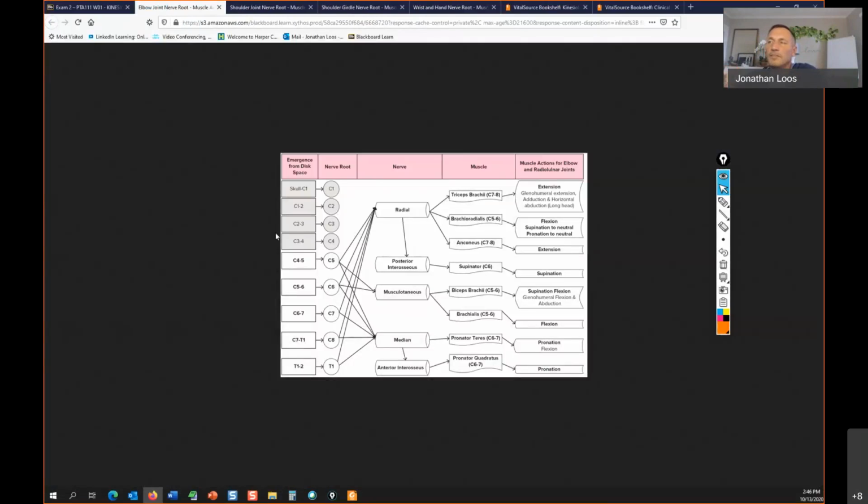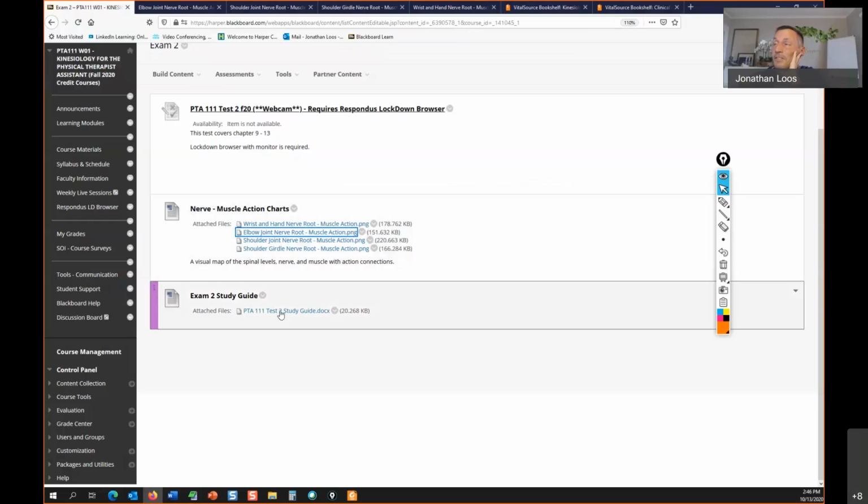I try to minimize changes, but there's only so much I can modify in the exams because of CAPTE and accreditation. But I took some of the bad questions out, made them better, and reworded them a little so they're not so confusing. Let me open up the study guide real quick and see if there's anything different on there that I missed.